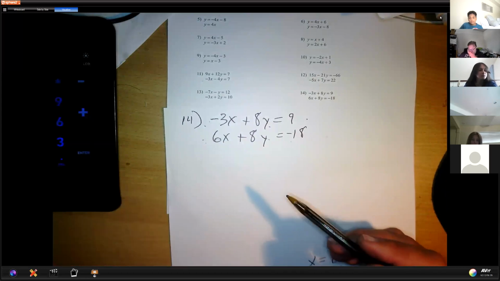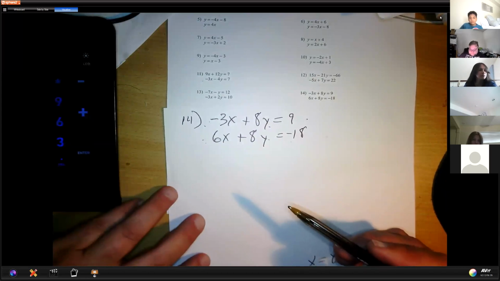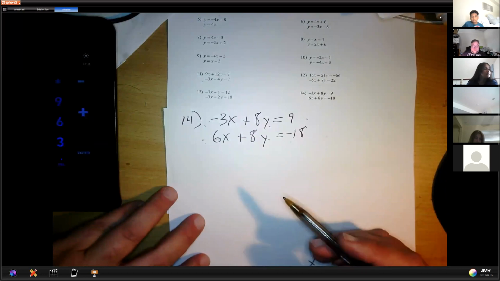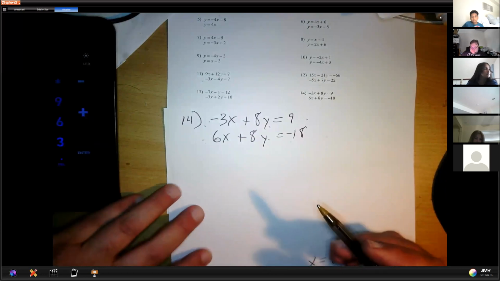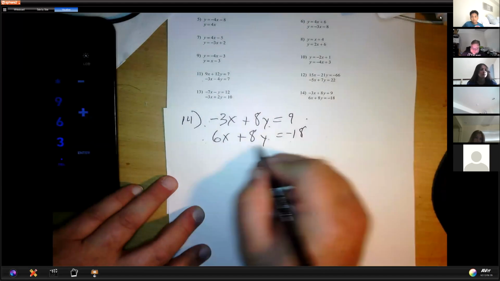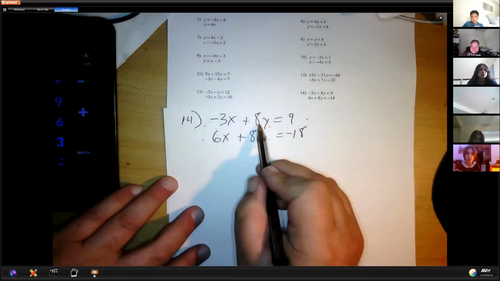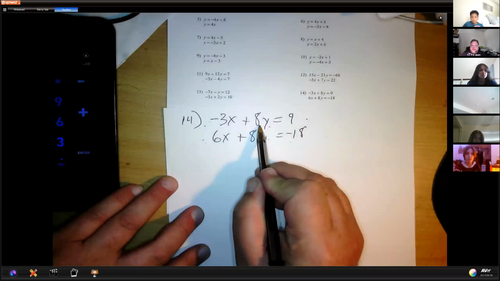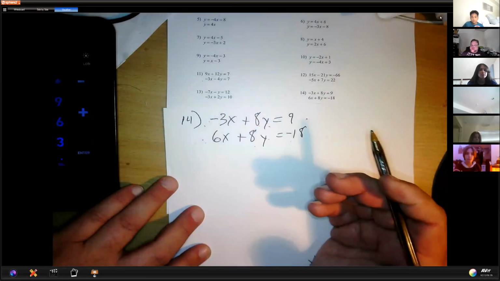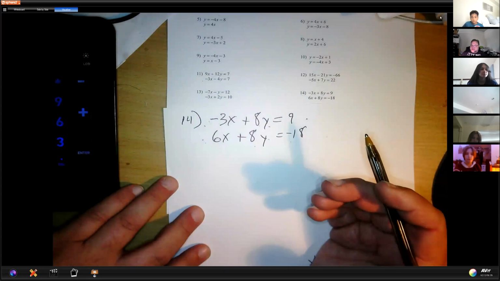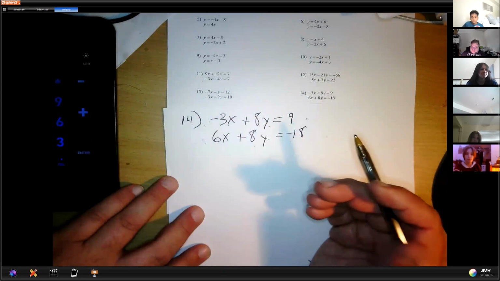Also, you want to see another interesting idea? What if I took this and I solved for 8y? Could I take whatever is left over and plug it in here? Yep. Doesn't have to be just y. If it's the same term, it's still a equals b, b equals c, right? And therefore a equals c.